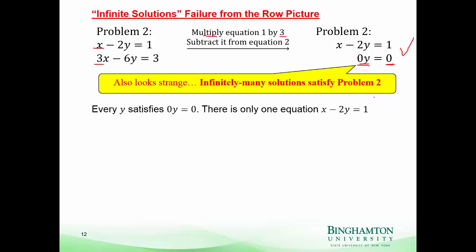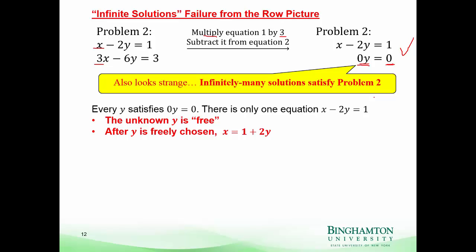X minus 2y is equal to 1. And so we can pick any y to solve our system of equations. And when that's possible, we say that the unknown variable y is said to be free. We're free to choose anything we want.